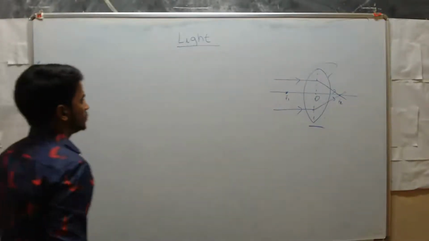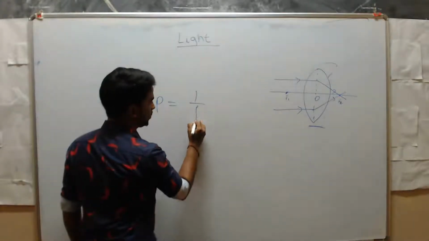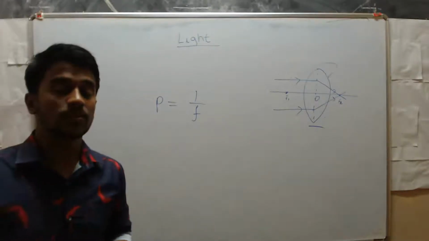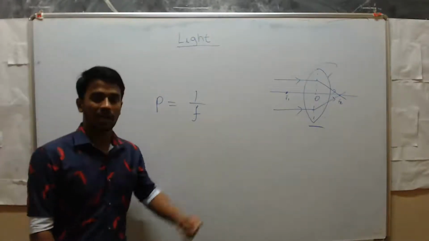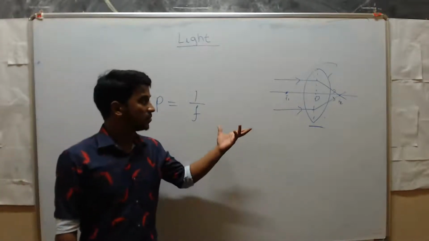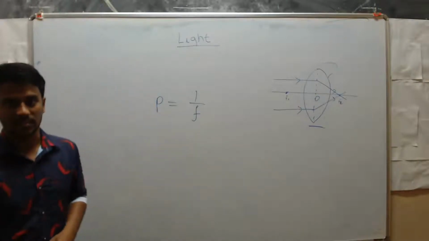We have the formula P = 1 by f. So the power of a lens is the reciprocal of its focal length.